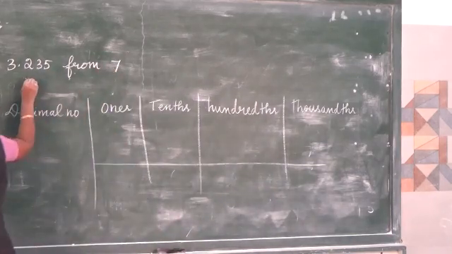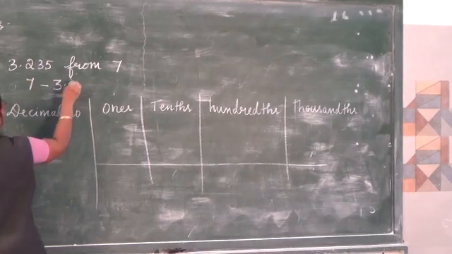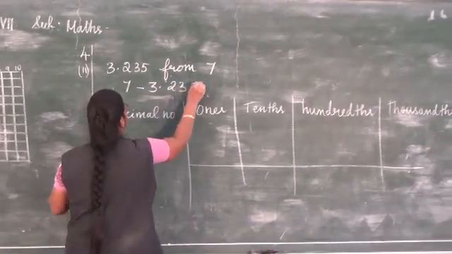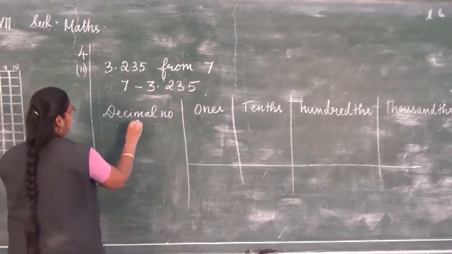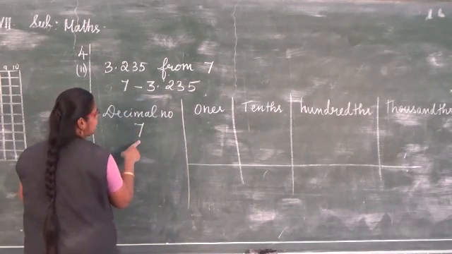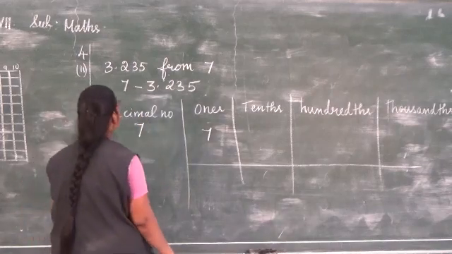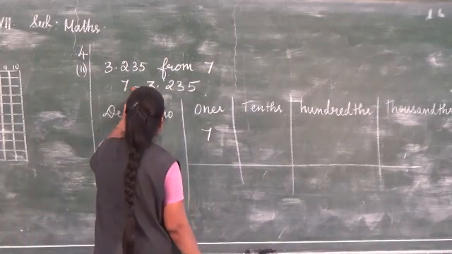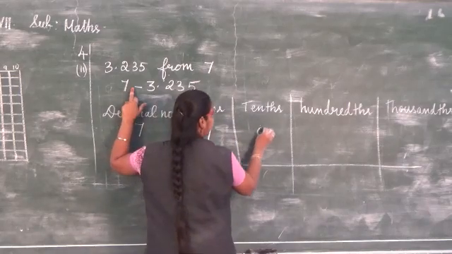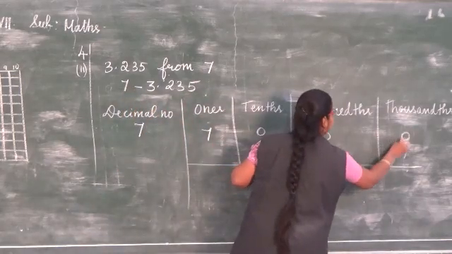Here 7. So 7 minus 3.235. So here 7. So if this is a whole number, so 7 is in ones place. After 7 there are no digits. So you have to write 0, 0, 0.